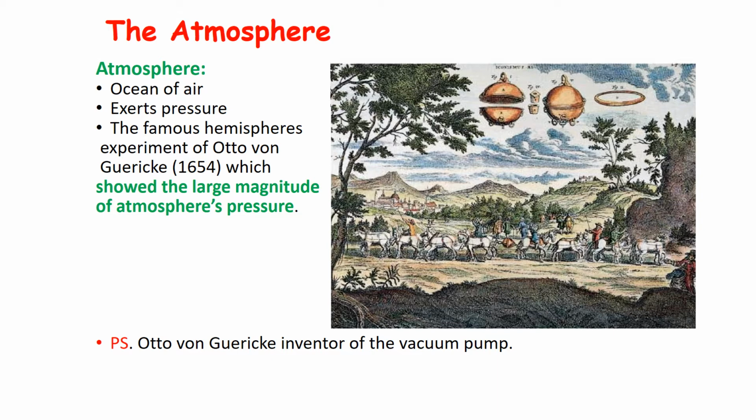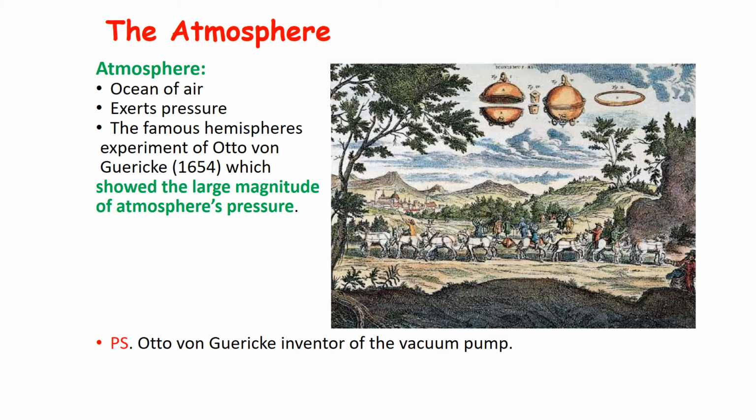It exerts pressure on Earth, and the famous hemisphere experiment of Otto von Guericke in 1654 showed the large magnitude of atmospheric pressure. In this experiment, Guericke managed to evacuate the two hemispheres and seal them together, so the pressure was only the atmospheric pressure.